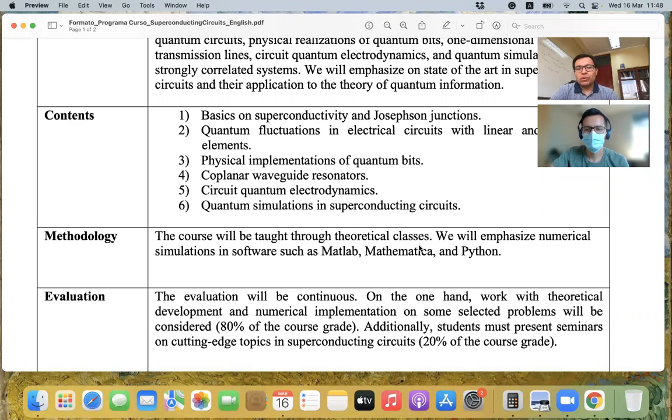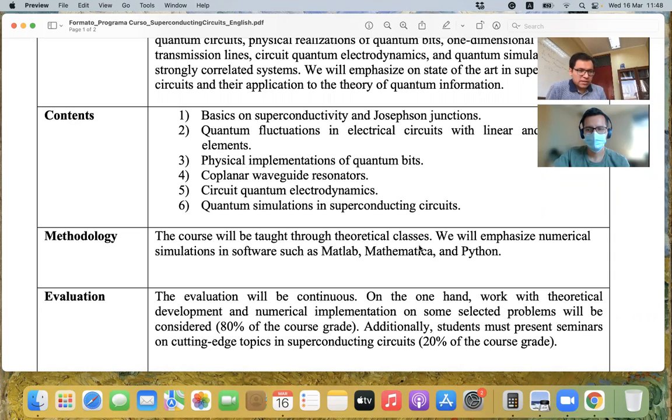But for sure, we will work a lot doing homeworks, combining both theoretical calculations and numerical implementations. That will be very important for me, so that you really enter into the details of circuit QED.